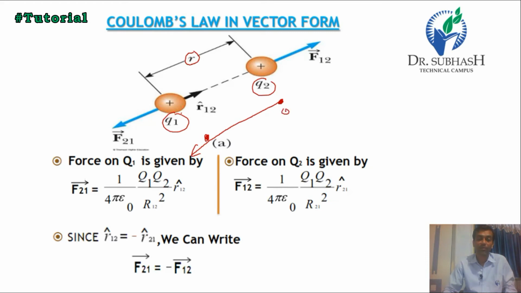This one is Q2 and this is our Q1. This is our source and this will be our destination. Then the distance between them will be r2 minus r1, or we can say r12.